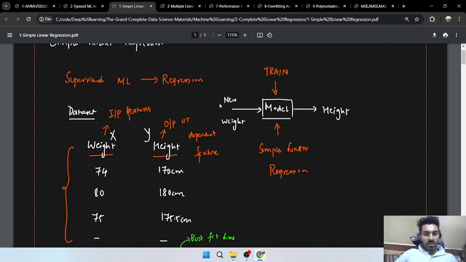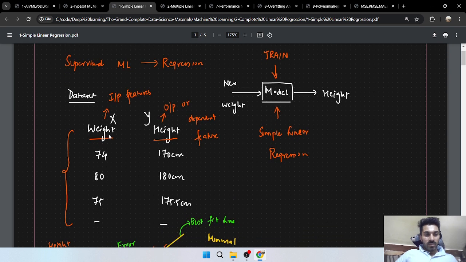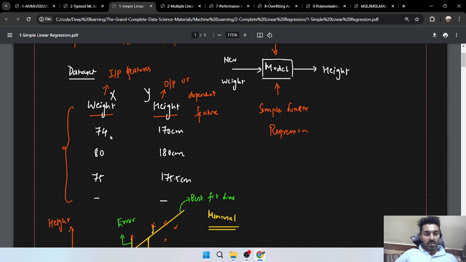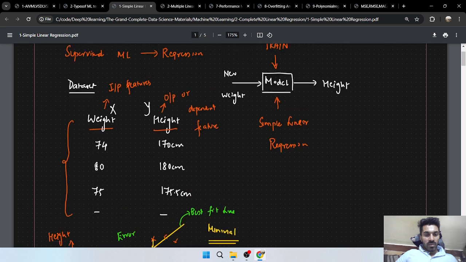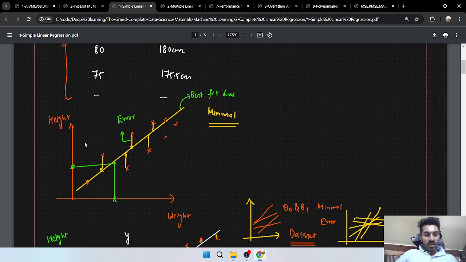If you pass input, it multiplies and gives you some output on the basis of training data. The dataset has weight and height. If the weight is 74, then the height may be something like that. If you train a model on this, your model will look like this.